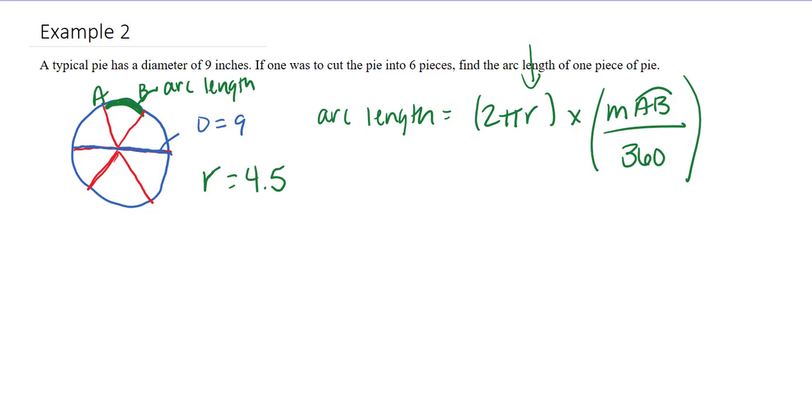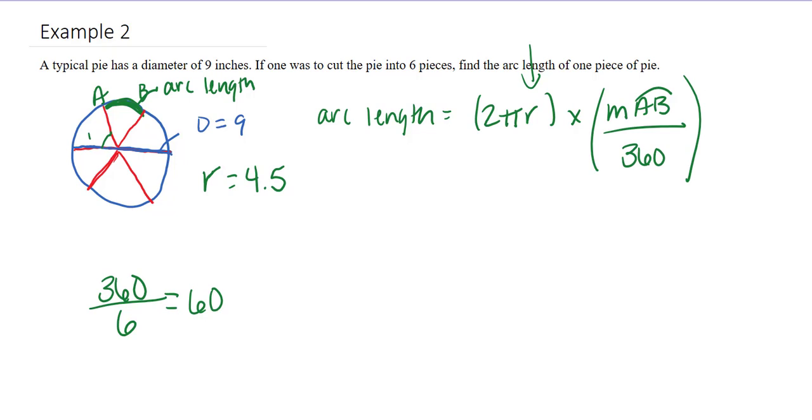So if you have a full-on circle, we have 360 degrees. But what we're doing is we're cutting this into 6 parts. So 360 divided by 6 is equal to 60.